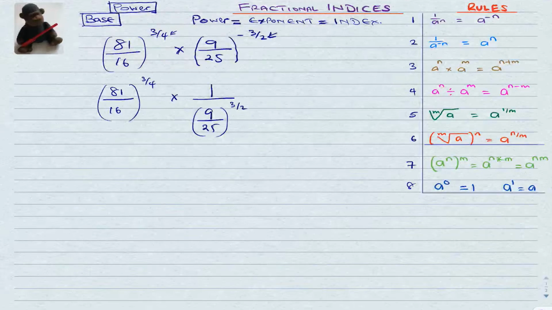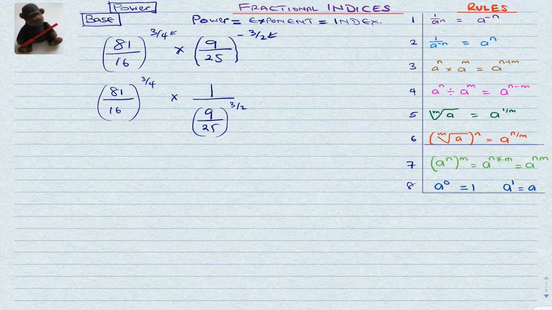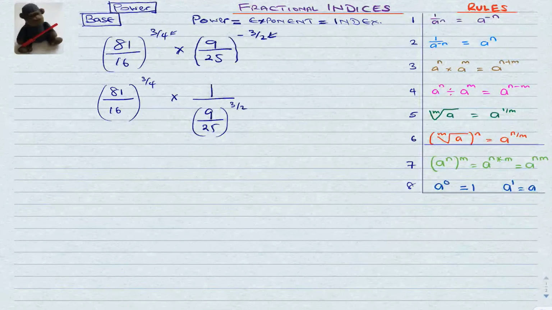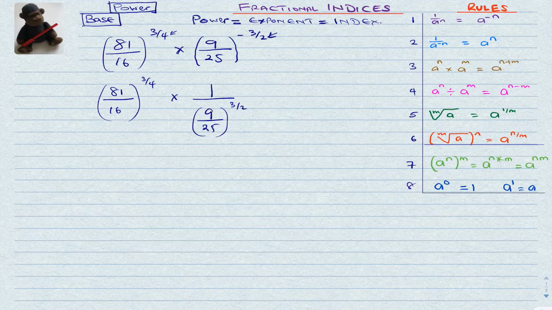So that's what we need to do. We need to turn the negative fraction into positive fraction. Rule number 1 over rule number 2 is what we're using. So in this case, it's rule number 1. We're taking it back to the opposite way. Now we need to write this properly.